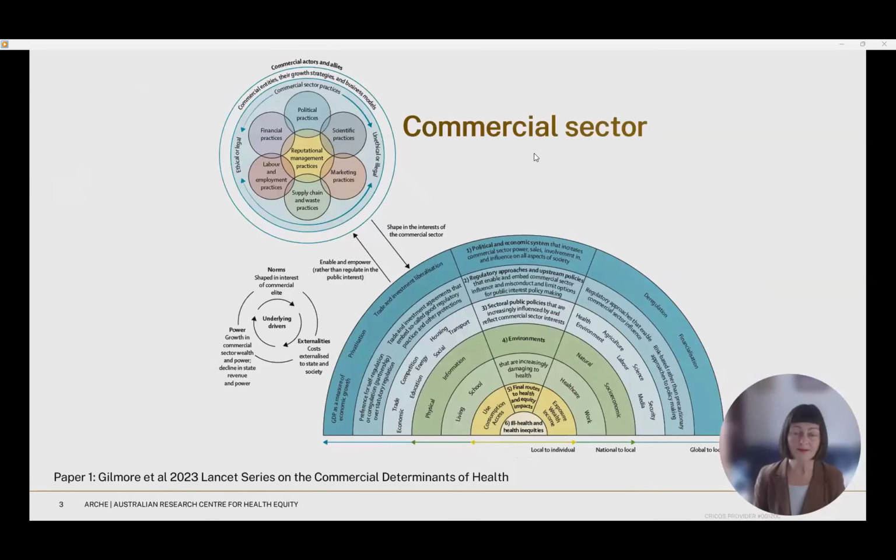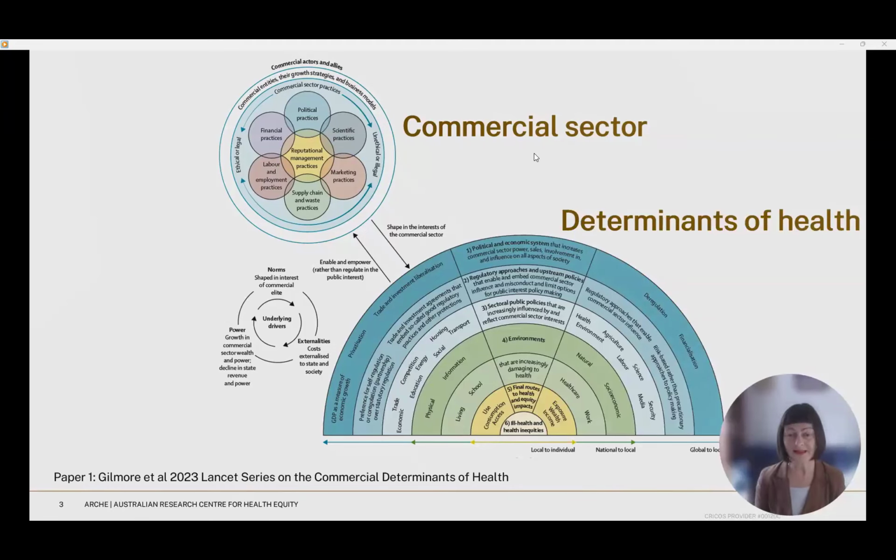And this concern about what happens within the commercial world prompted a Lancet series on the commercial determinants of health. In the first paper, we laid out a conceptual framework showing, as you see up here on the top left, a range of practices followed by the commercial sector, and I'm going to come back to these.